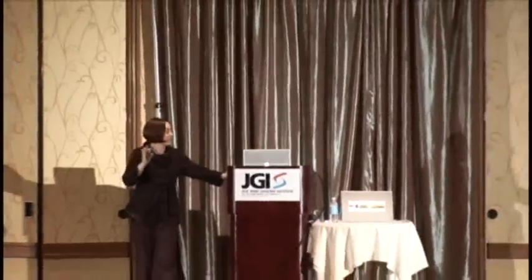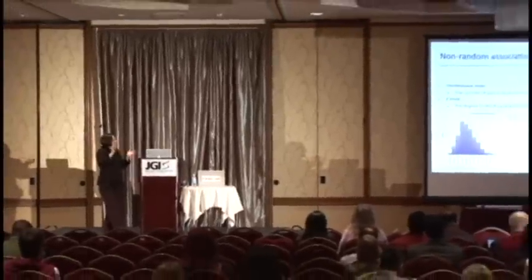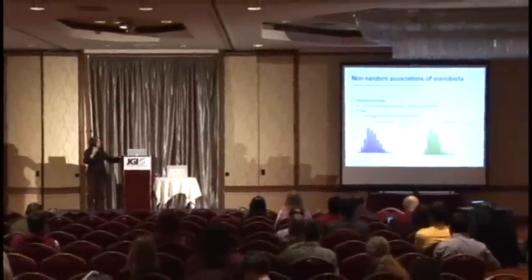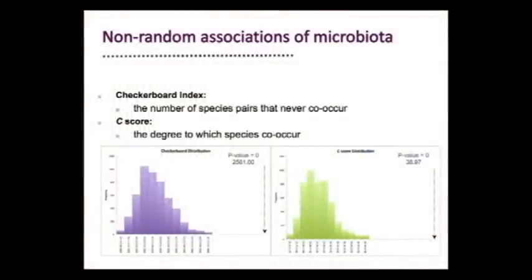And we can tell by looking at co-occurrence patterns and co-exclusion patterns that these are really non-random associations. Compared to random distributions, we see that some types always co-occur and sometimes some types never co-occur. And this fits very nicely with what Peter Brook showed yesterday, that there are certain enterotypes, and I think that's what we're seeing here.